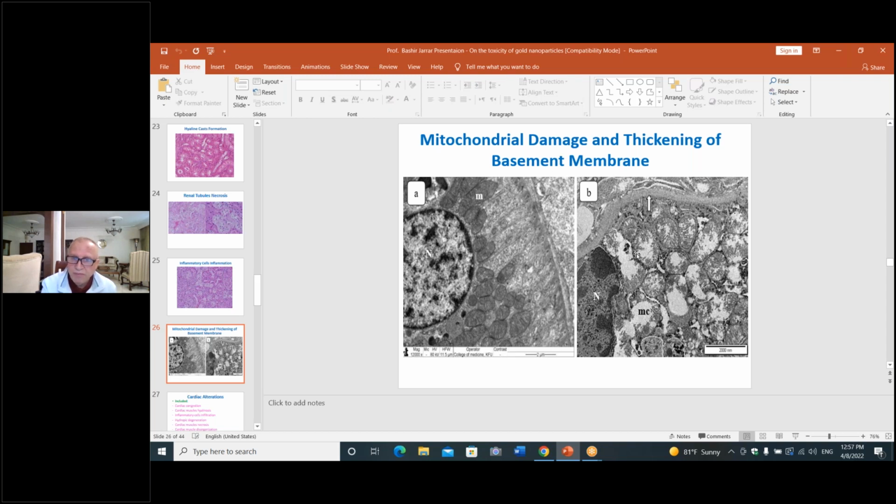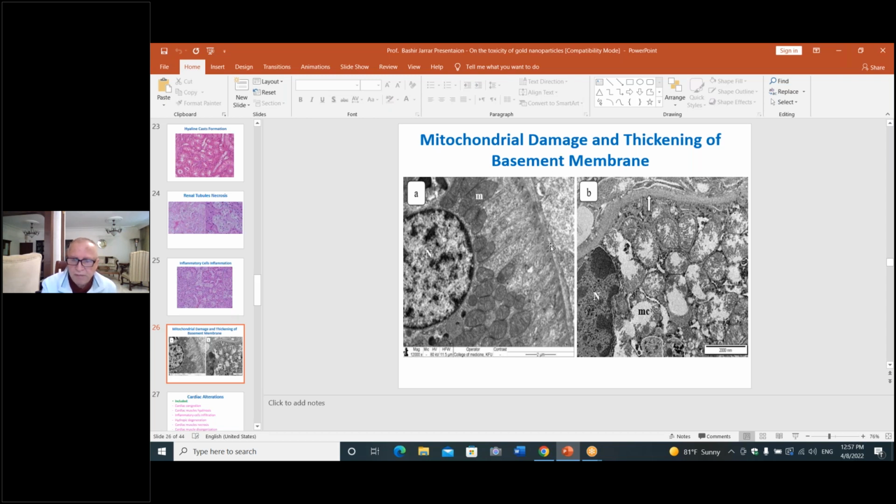While this one here, you see the mitochondria is damaged, is extracted. The cristae are broken, and moreover, here you see the basement membrane of the cell, which is very important for the reabsorption. It became so thickened in comparison with this one.